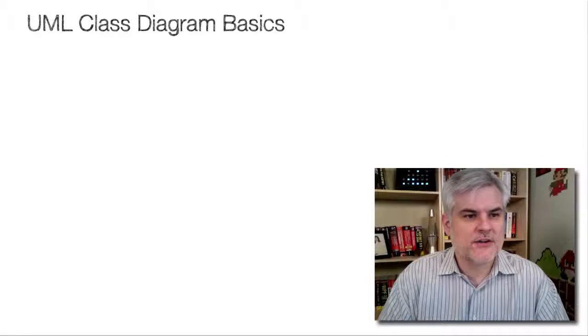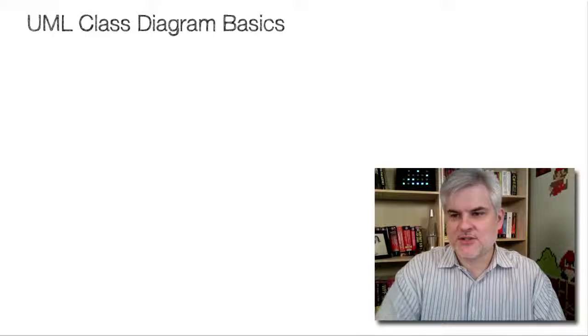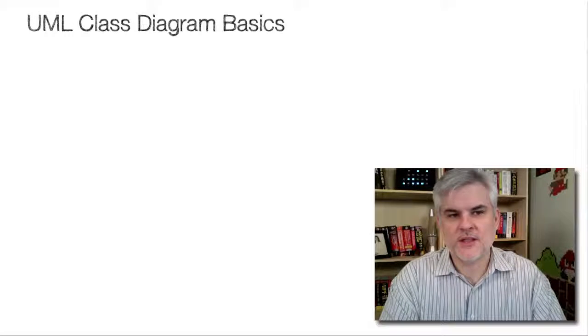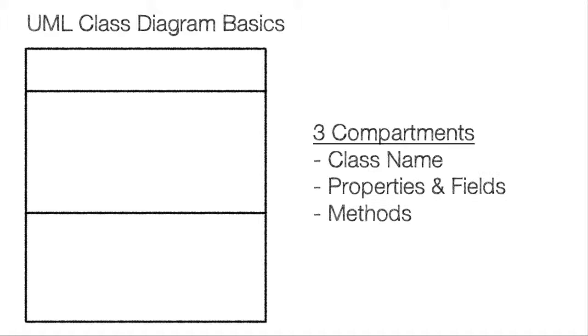So you can see here that first of all, I have just a blank surface, and what I want to start off with is the class diagram basics, showing that a class is represented usually as a rectangle, and the rectangle typically has three compartments. In the three compartments, you'll put at the very top the class name.